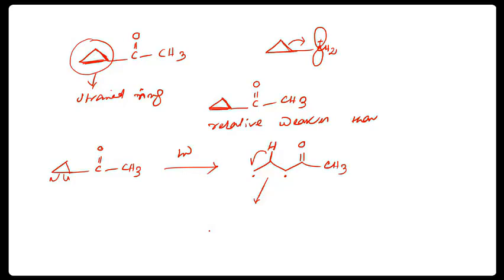Now this hydrogen atom is here. We have one dot and another dot because it's a homolytic cleavage.